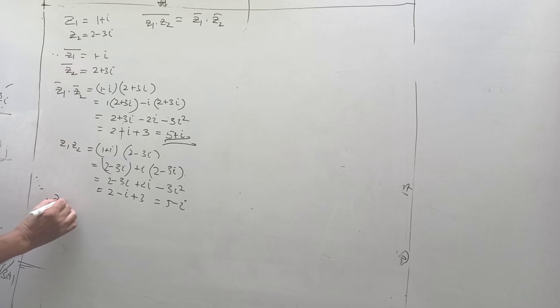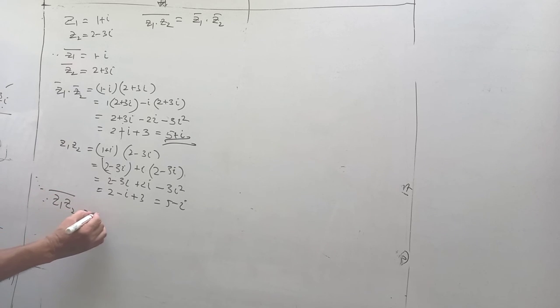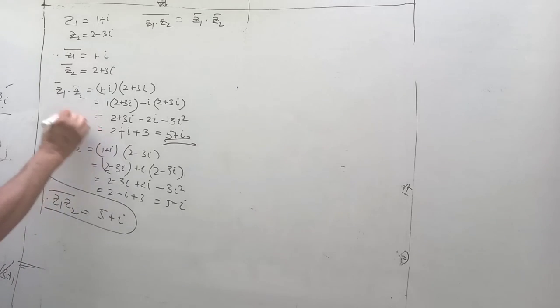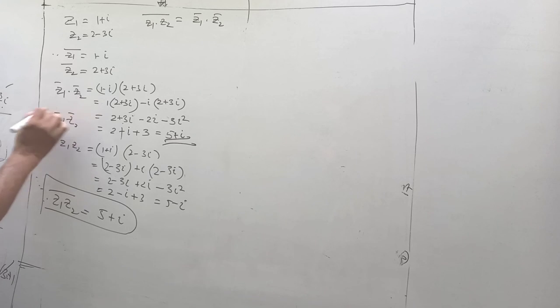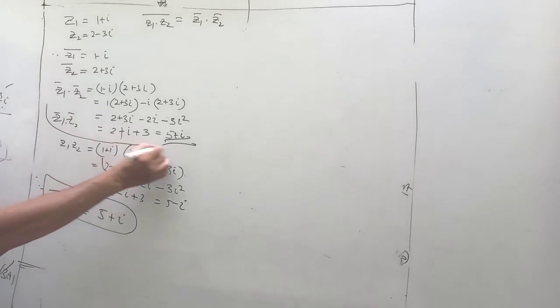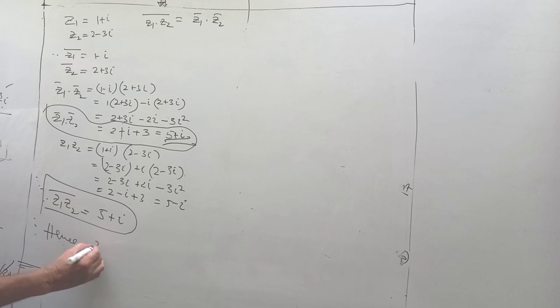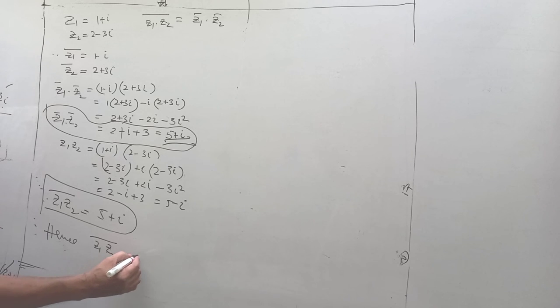Hence, the conjugate of z1 z2 equal to 5 plus i. Hence, the conjugate of z1 z2 equals z1 bar and z2 bar. Proved.